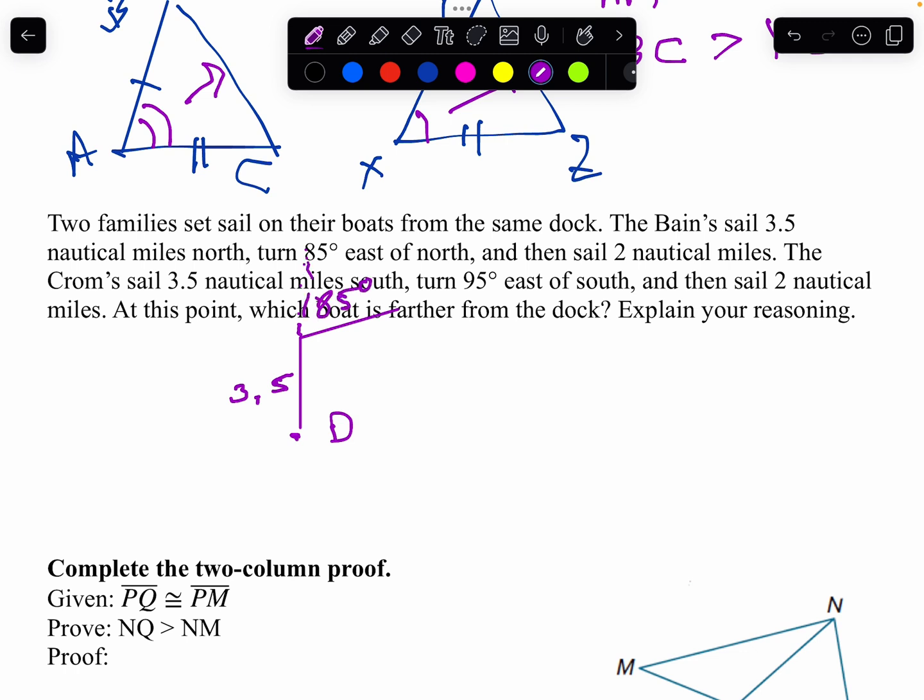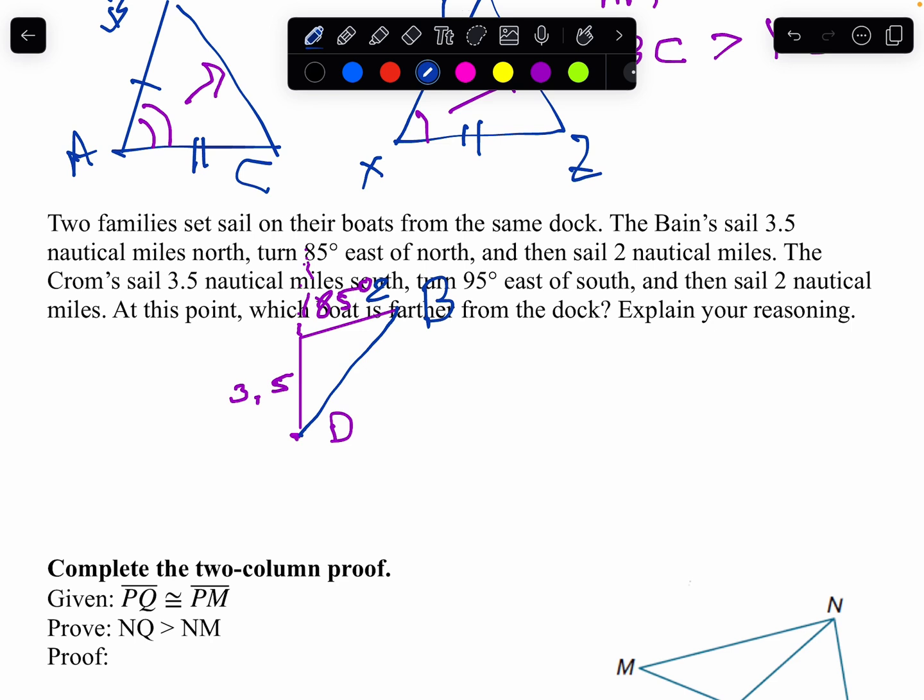Kind of went into my picture there, sorry. And we're told then they sail 2 more miles. Maybe let's change the color on that. I don't like that color. Okay. So then we went 2 miles. And so right here is where the Bains ended up.